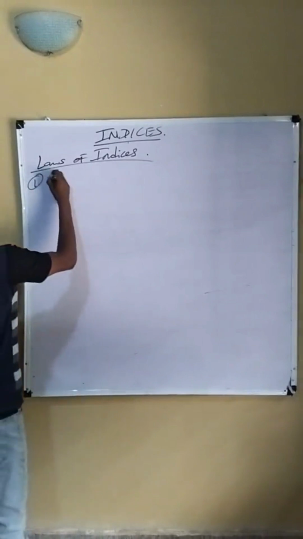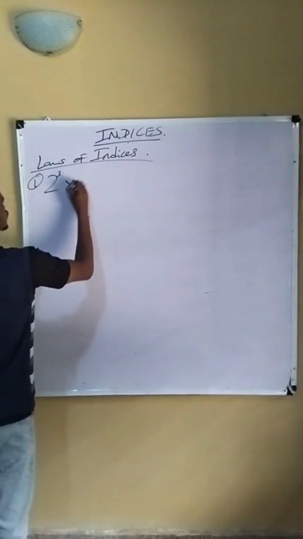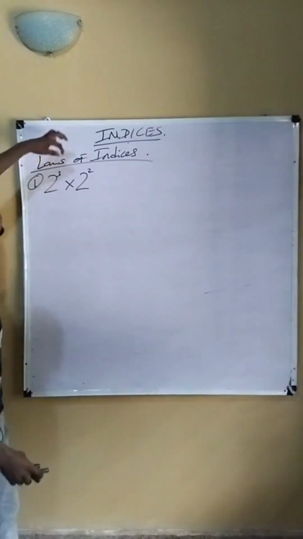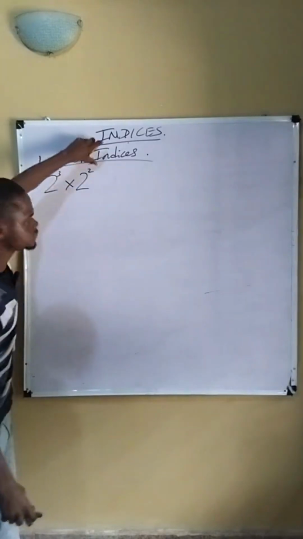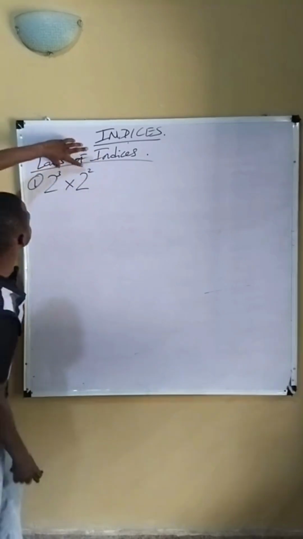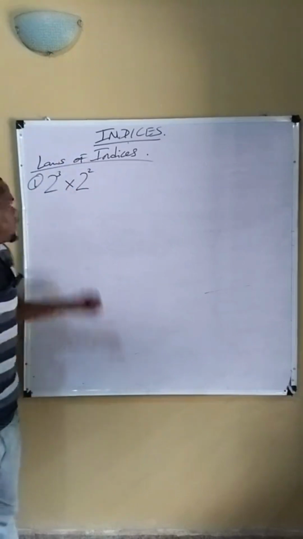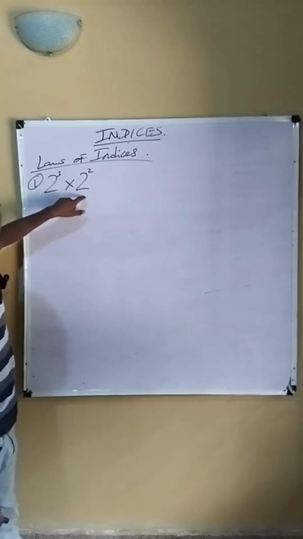Let's assume you have 2 raised to the power of 3 times 2 raised to the power of 2. In this case, you are multiplying indices, 3 and 2, of a number of the same base. What is the base number here? 2, and the base number is also 2.